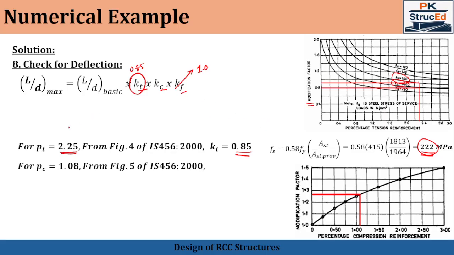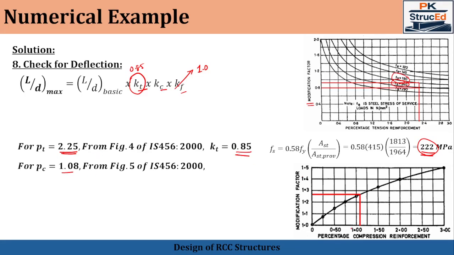For Pc, percentage of compression reinforcement of 1.08, from figure 5 of IS 456-2000, we can see the percentage of compression reinforcement on the x-axis, and the y-axis represents the modification factor for compression reinforcement.